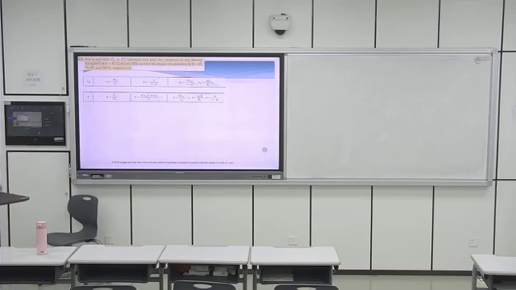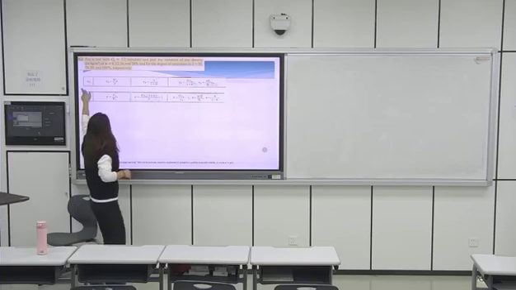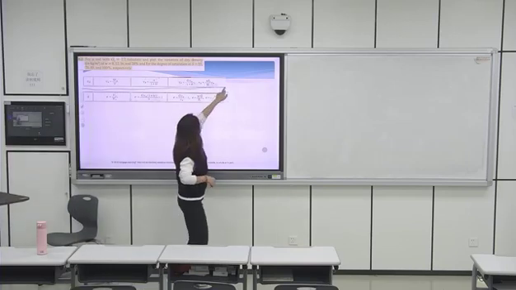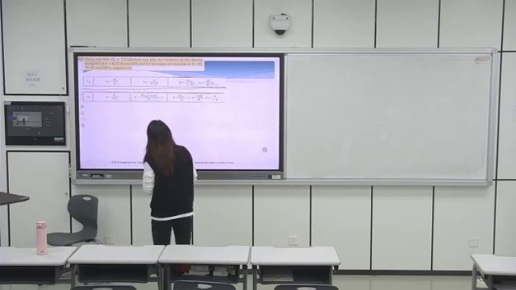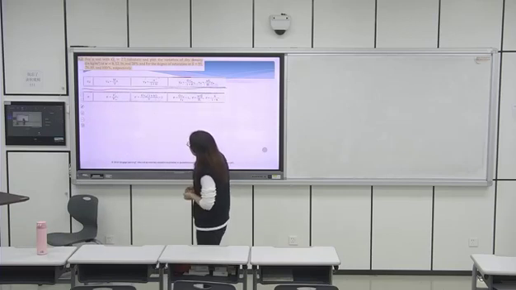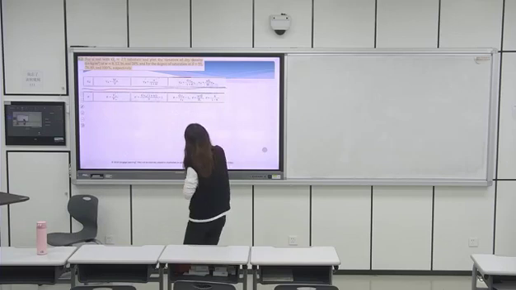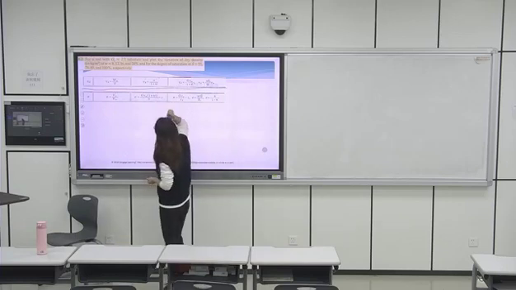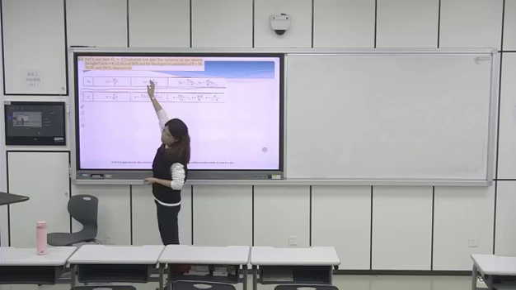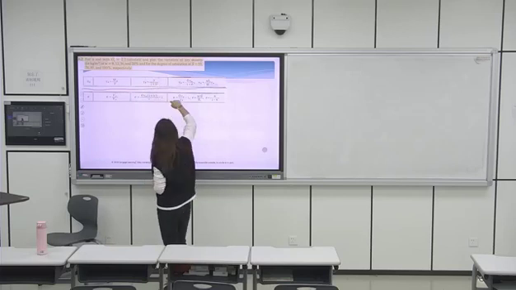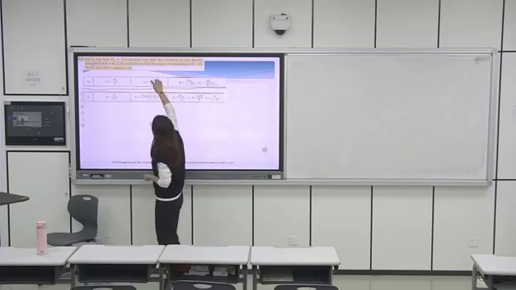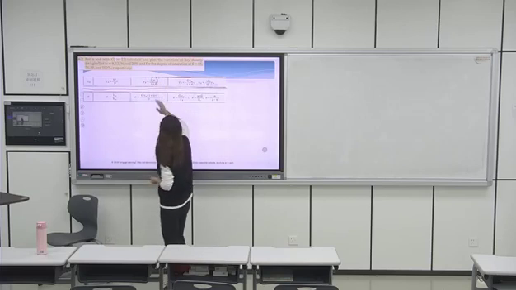So what's the equation we need to use? We need to calculate dry density, right? For dry density, this is a dry density equation. Which one should we use? You want to calculate dry density with no water content given, and we know the saturation degree. You can use this one, but you have no idea about the moisture unit weight, so we can't use this one.